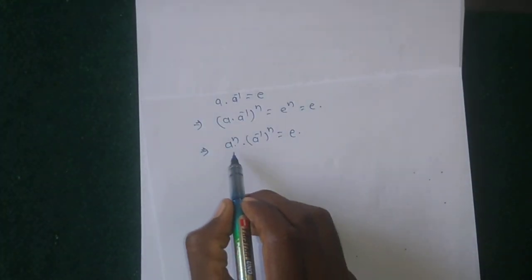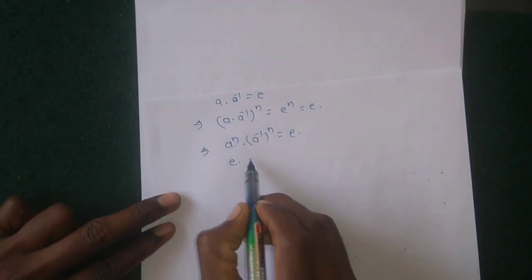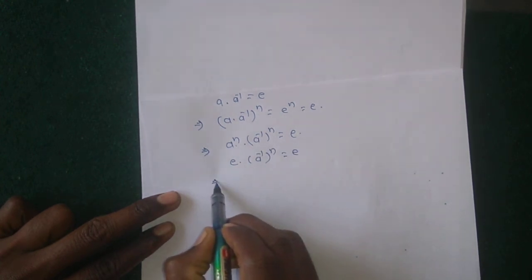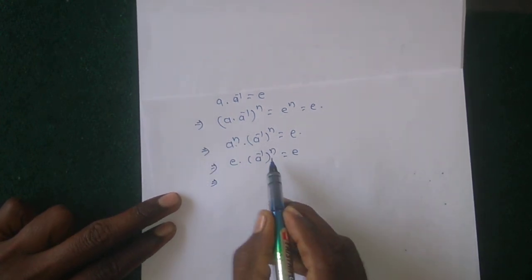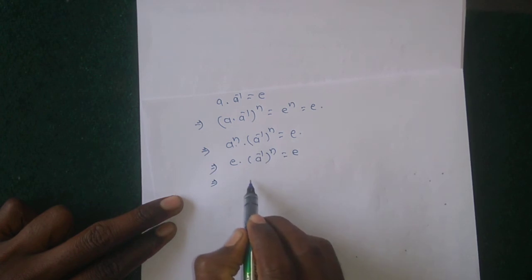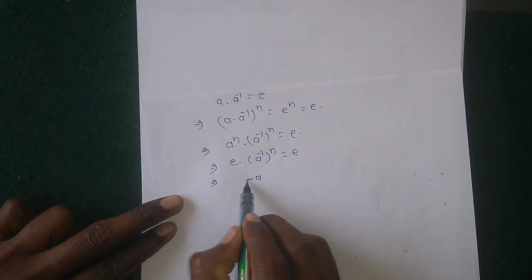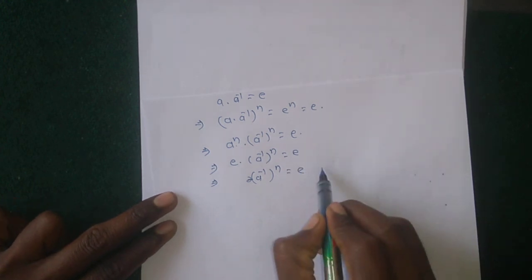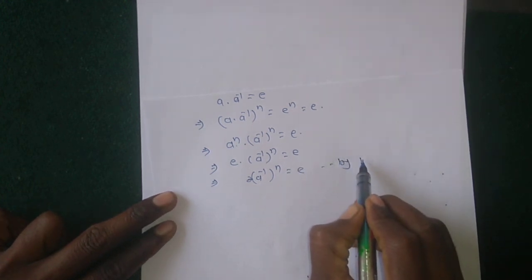Here applying A raised to n equals identity, A inverse raised to n equals identity, which implies that E into this element equals this element itself, A inverse raised to n equals identity, by the identity property.